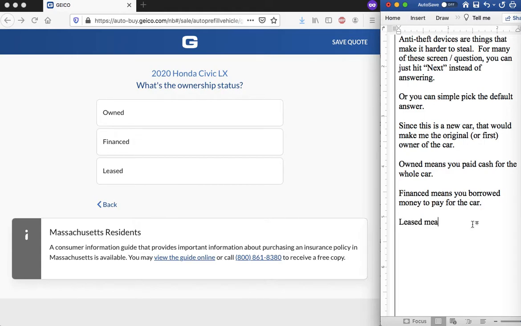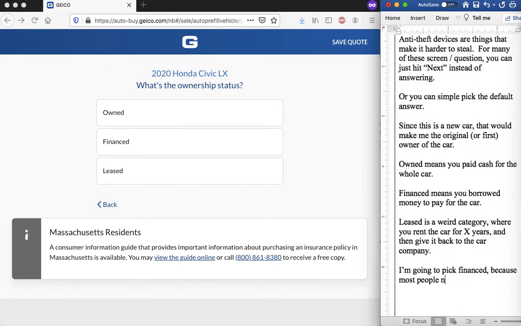Leased is a weird category where you rent the car for X years and then give it back to the car company. I'm going to pick financed because most people need to borrow money to buy a new car.